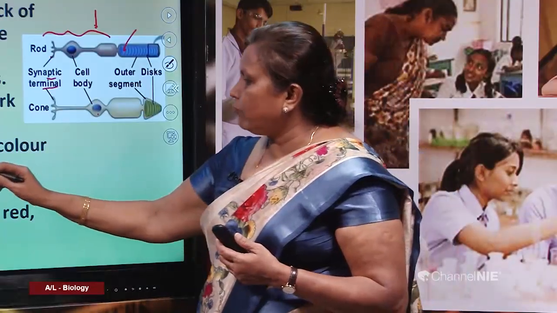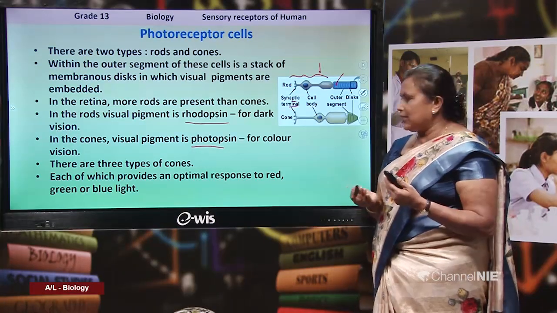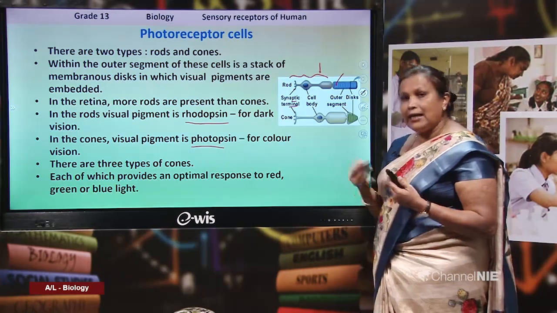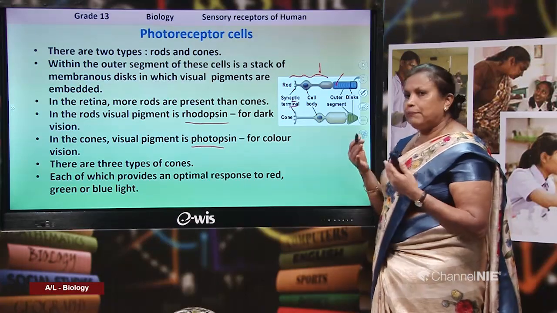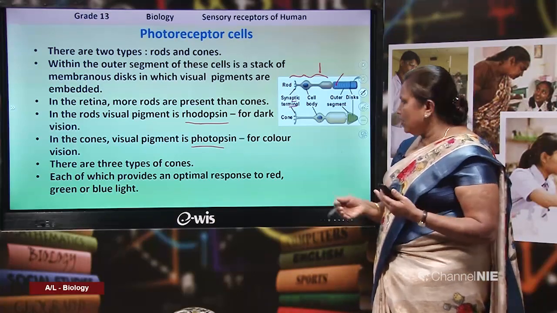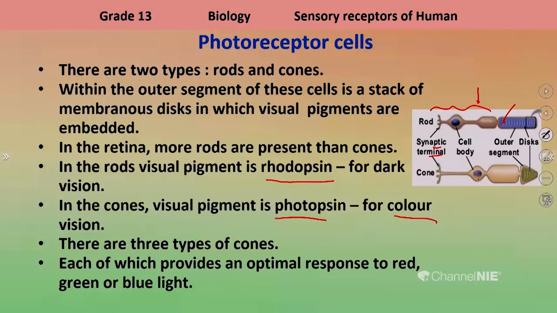But photopsin changes its molecular structure in high light intensities. So during the daytime, the person can have daytime vision and also color vision can be obtained. The different colors of the objects can be identified due to the presence of photopsin.